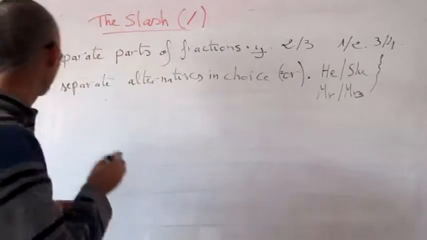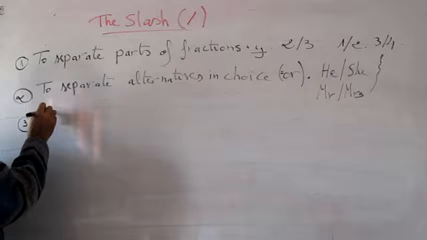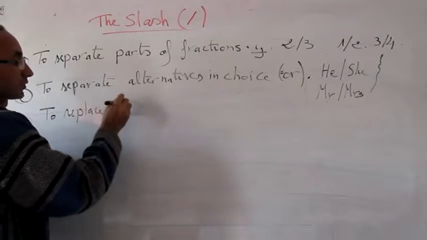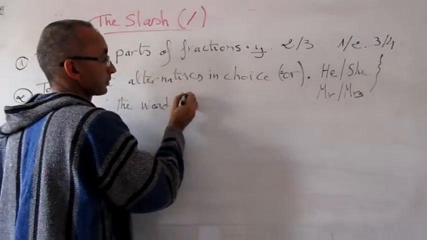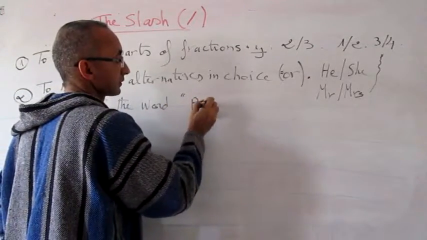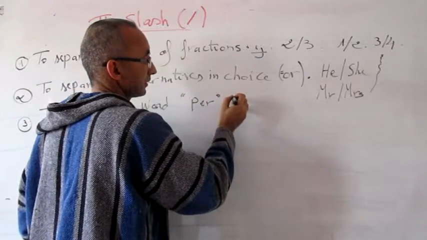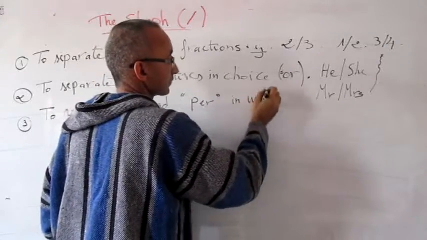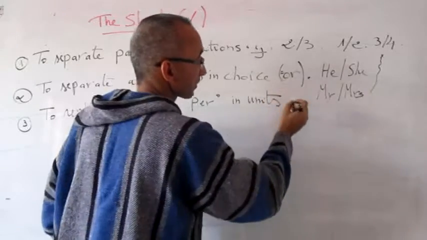So right here, it is used to replace the word per in units of measurements of time and so on.